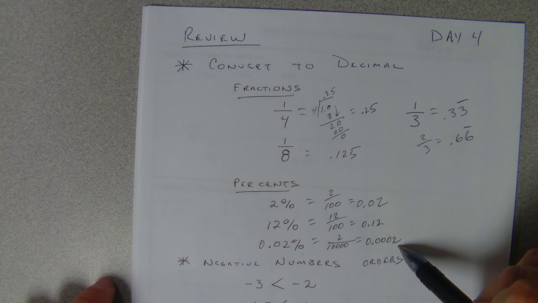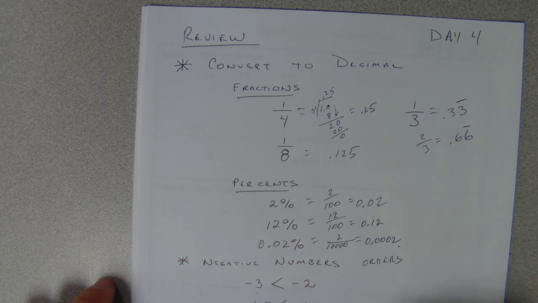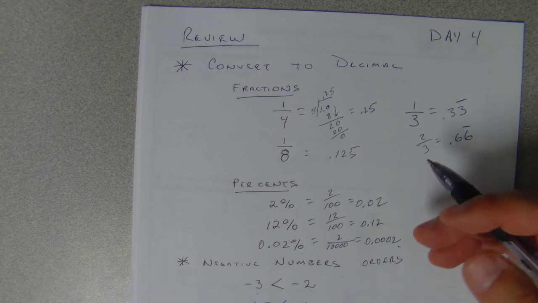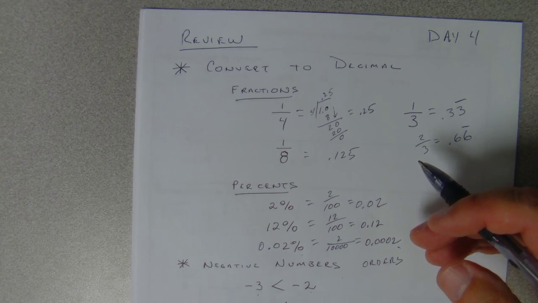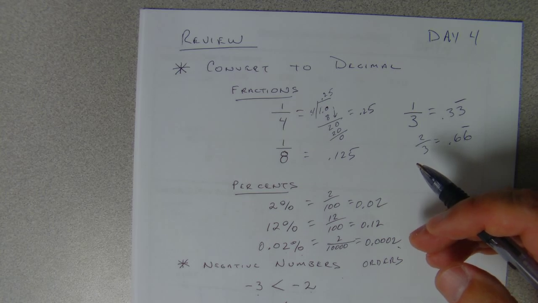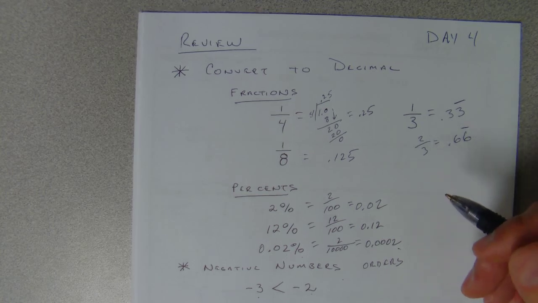converts to this. And remember, for negative numbers, the order: -3 is less than -2. -1.5 is less than -1. And also, for your education, plot your numbers as decimals on the number line, least to greatest, or you may use the vertical one.